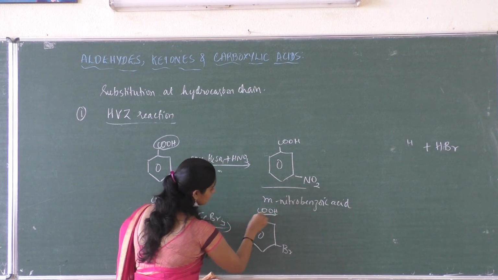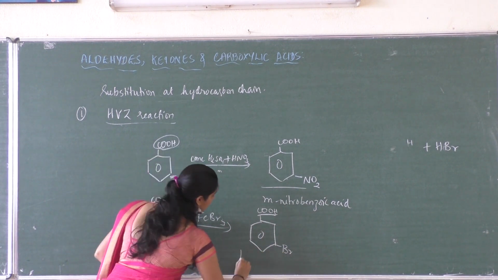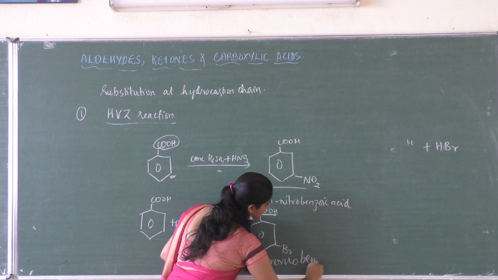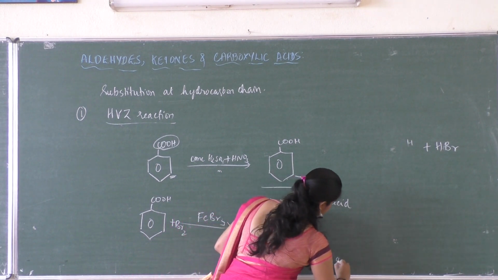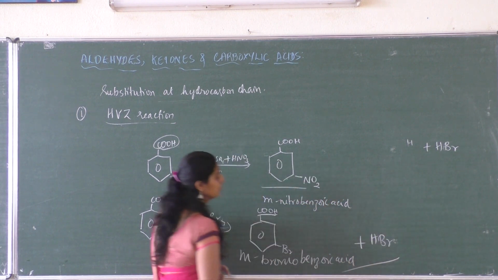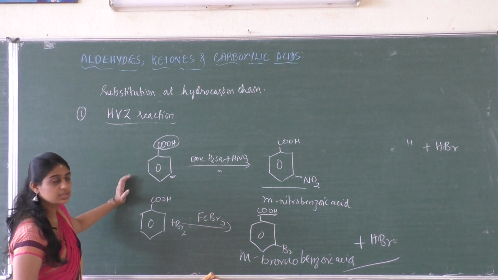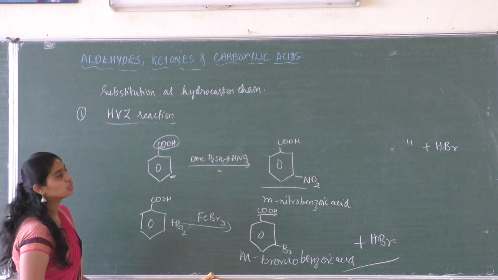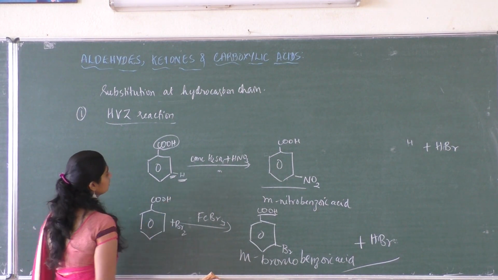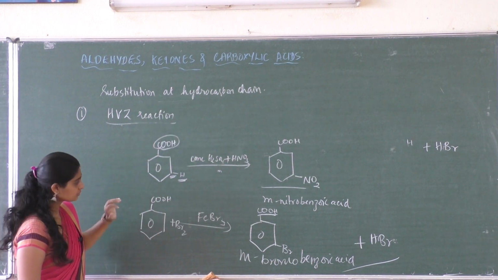Since this will direct the incoming electrophile to the meta position, we get meta-bromobenzoic acid as a product. Meta-bromobenzoic acid. So these two reactions you need to note, where the substitution occurs, this hydrogen is replaced, substitution at the hydrocarbon part.